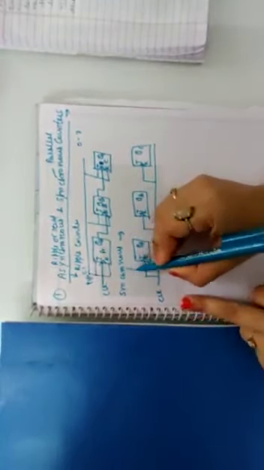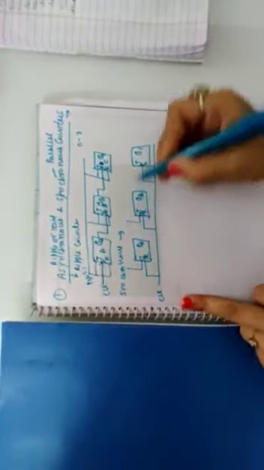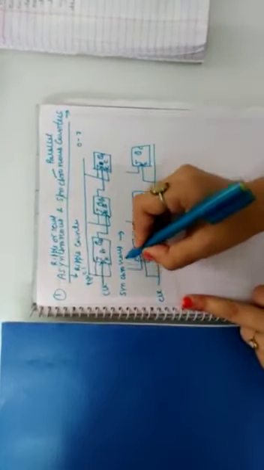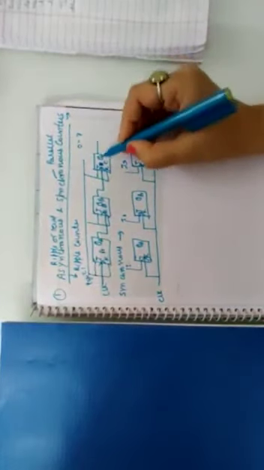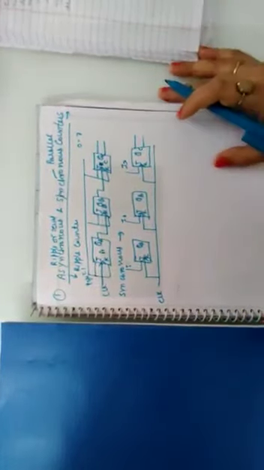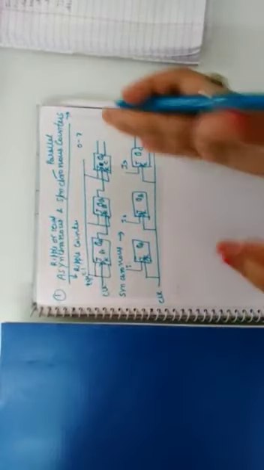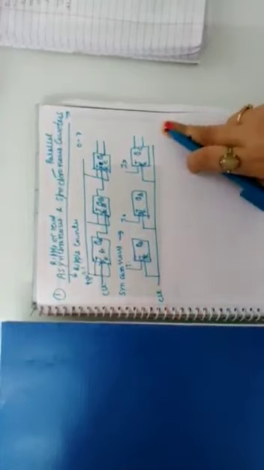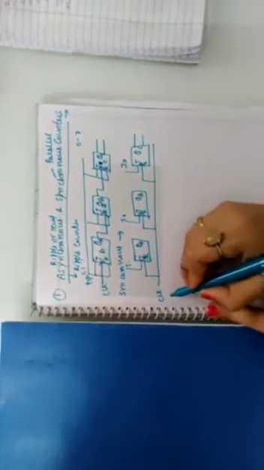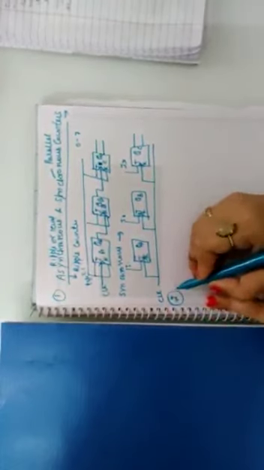And we are giving individual external input to each flip-flop, like I1, I2, I3. This is the meaning of synchronous. Asynchronous means each flip-flop is triggered by the output of the previous one, and in synchronous each flip-flop is triggered by the same clock.